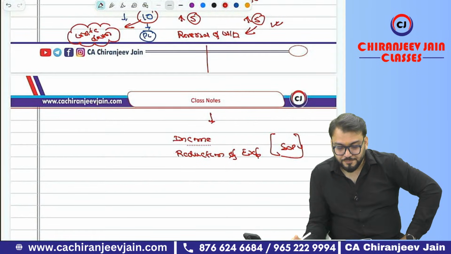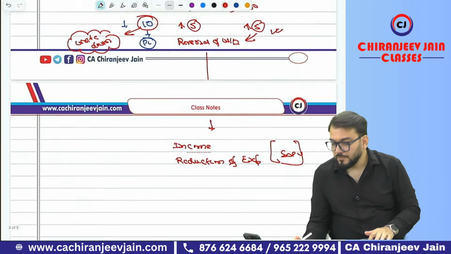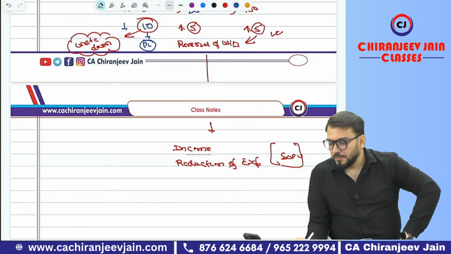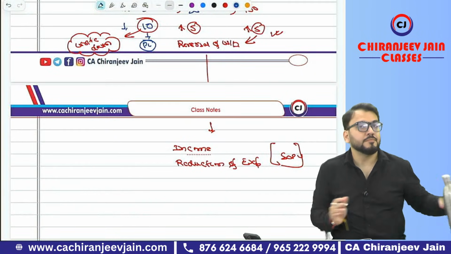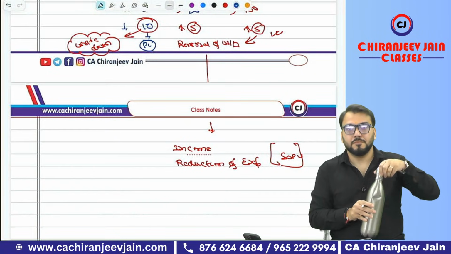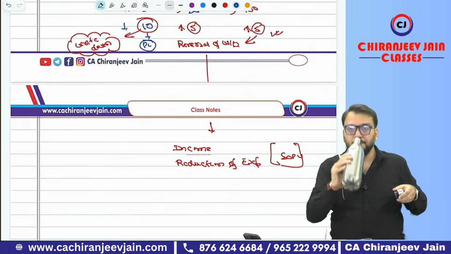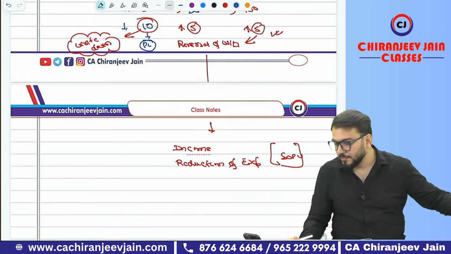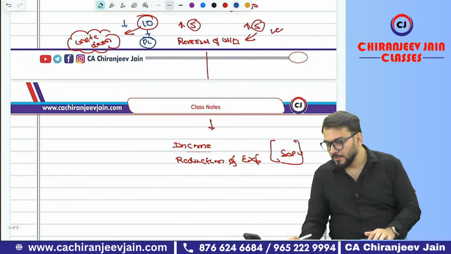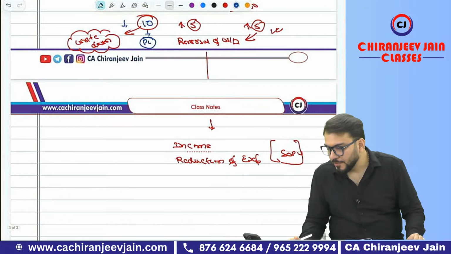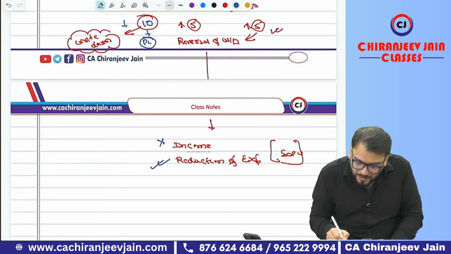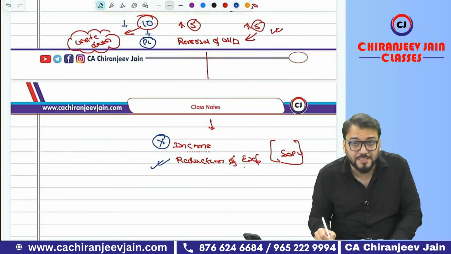Everyone respond. Reduction of expense. Very good. Everyone is correct. It will not be shown as an income. It will be shown as a reduction of expense in SOPL.